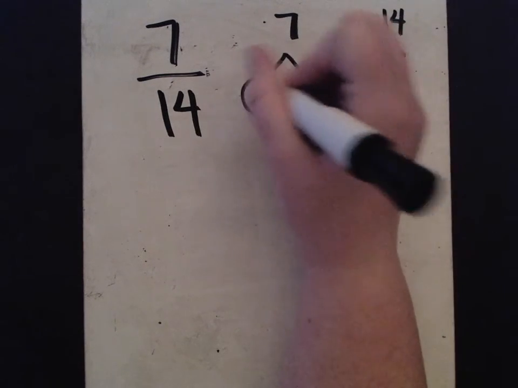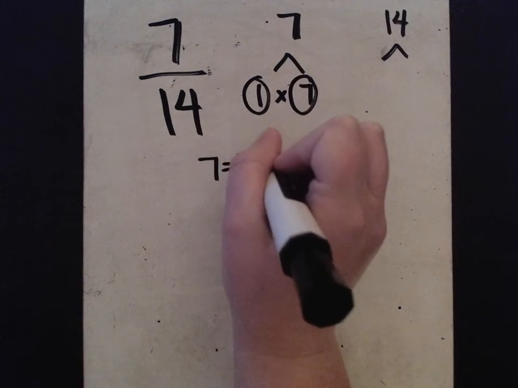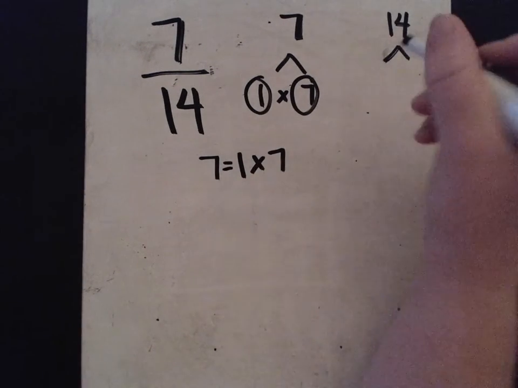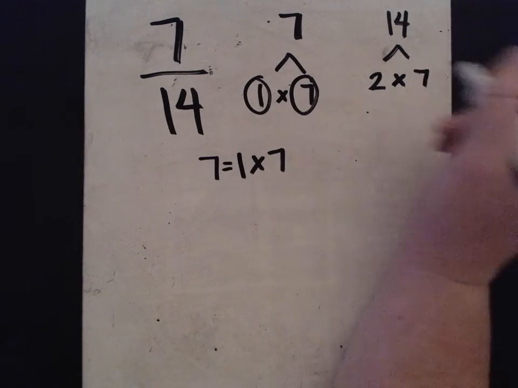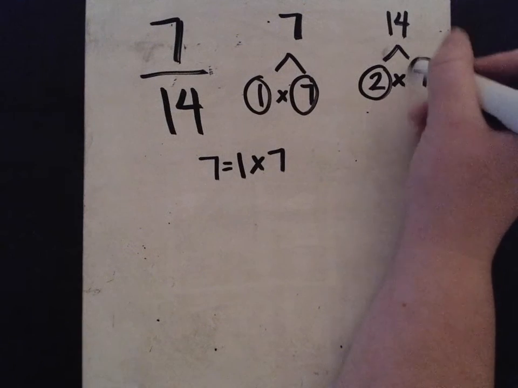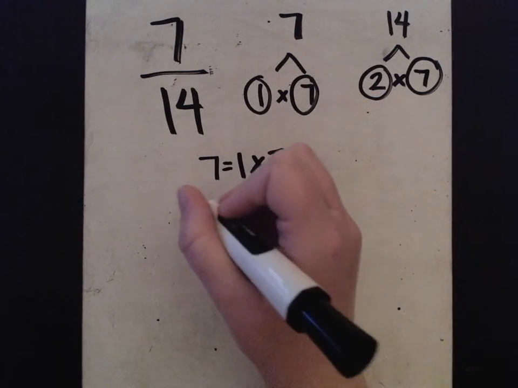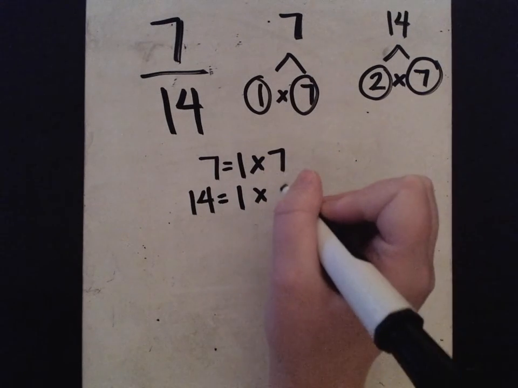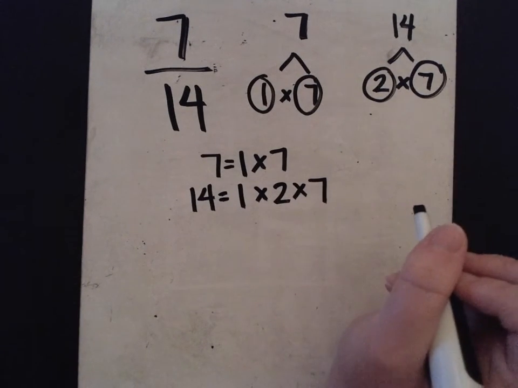So I'm going to circle both of those. So 7 equals 1 times 7. Now for 14, I can do 2 times 7. I circle my 2, and I circle my 7. So my only other factor of 7 is 1. So 14 equals 1 times 2 times 7.